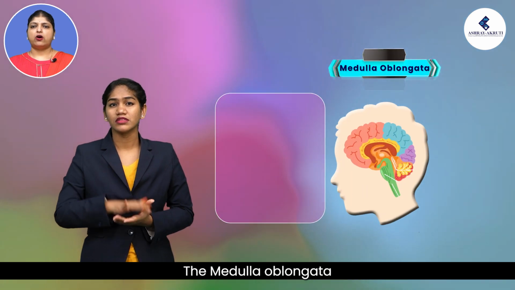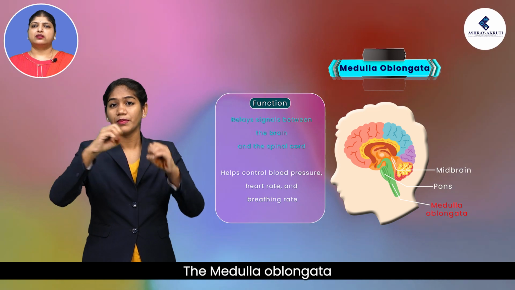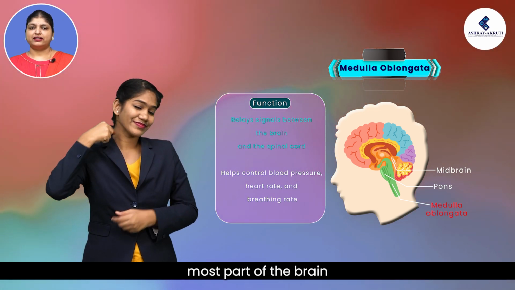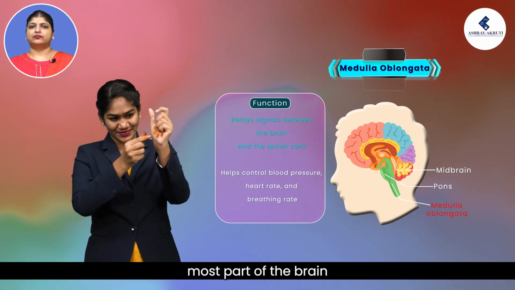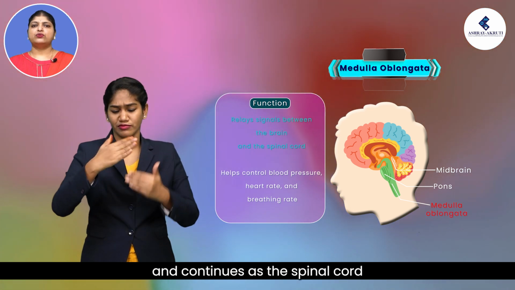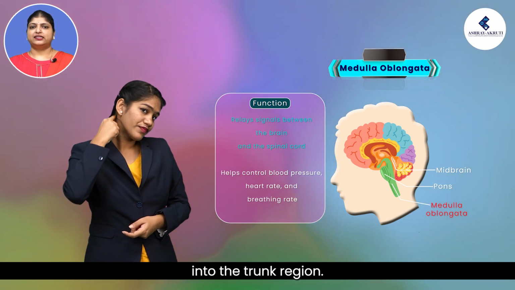The medulla oblongata is the posterior most part of the brain and continues as the spinal cord into the trunk region.